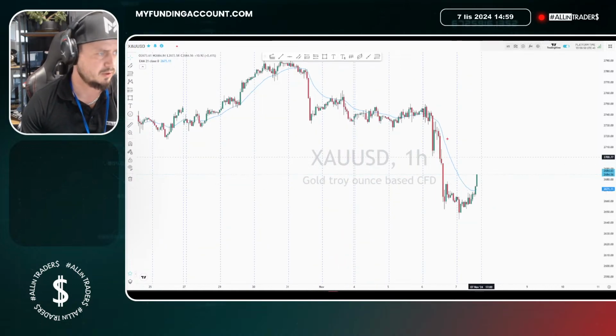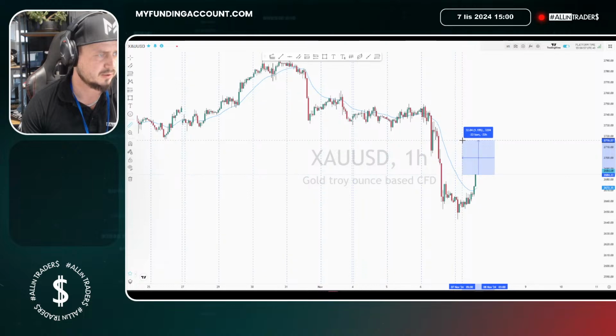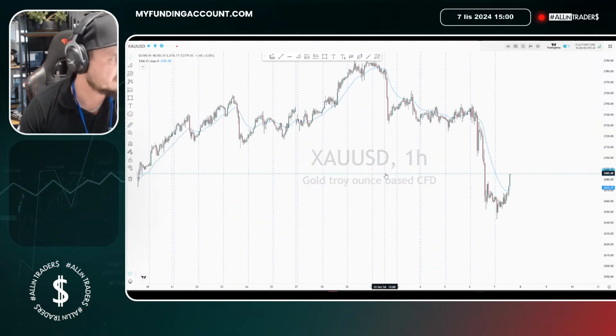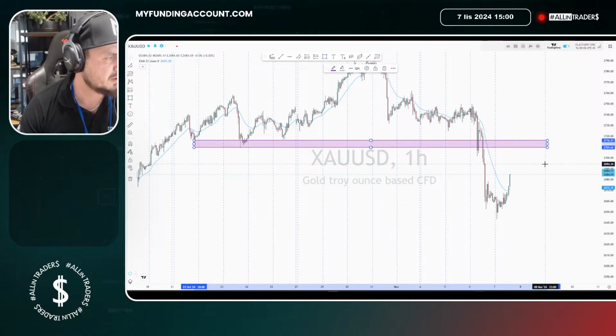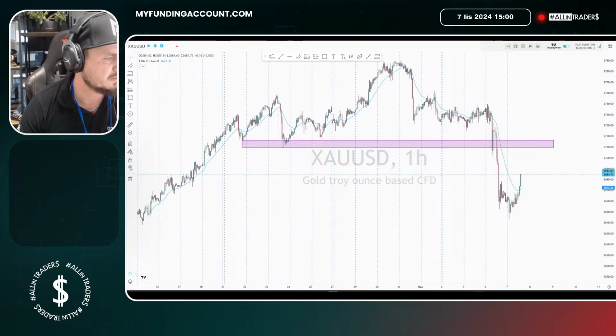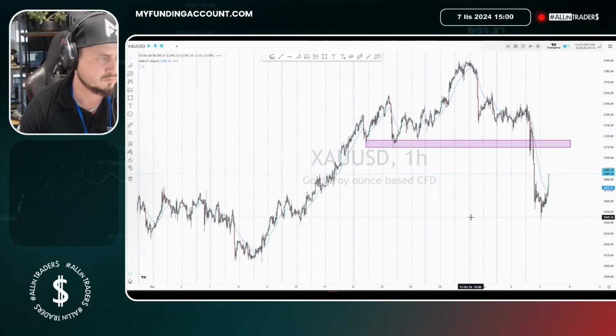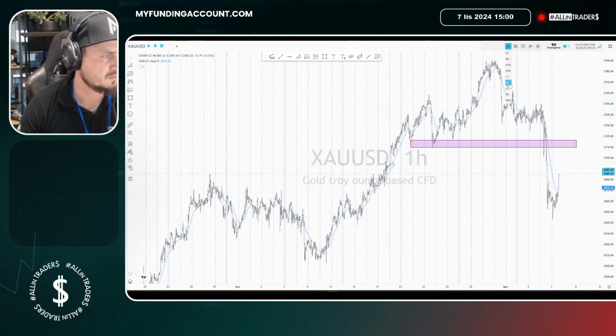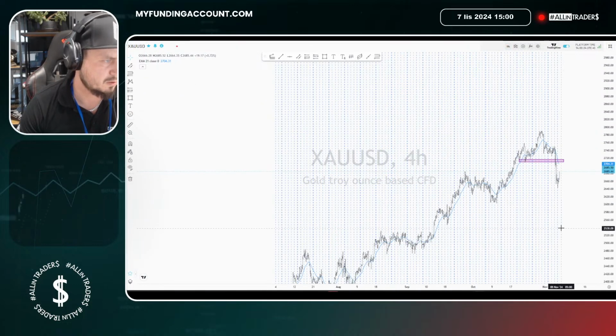This impulse is quite interesting, but this is like 300 or even more pips, so yes, a little bit too far. And we got some news coming up, so maybe not the best idea to trade on it. 1 hour time frame. 4 hour time frame.